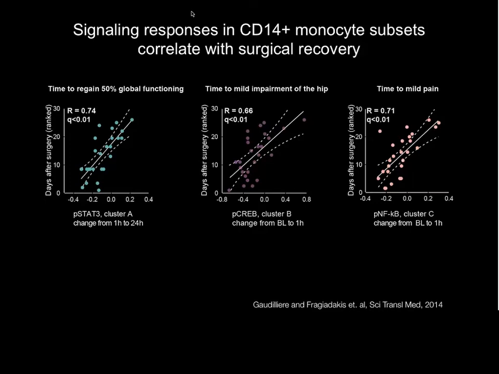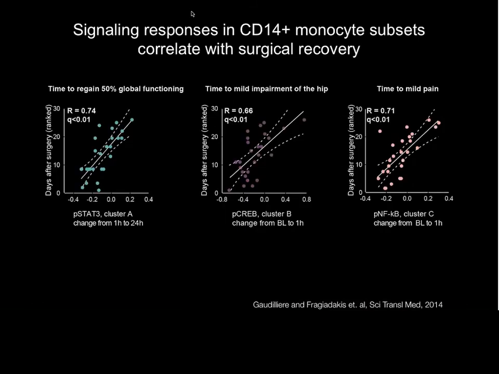And here we see significant correlations between the length of recovery time and functional responses in 3 different clusters that I'm just calling cluster A, cluster B, and cluster C. In this case, I'm showing the results of SAM, which is one of the models that is included in CITRUS that Jeff talked about. Here we see that we can find a relationship between these early immune responses to surgery and recovery time, and CITRUS allowed us to do that.